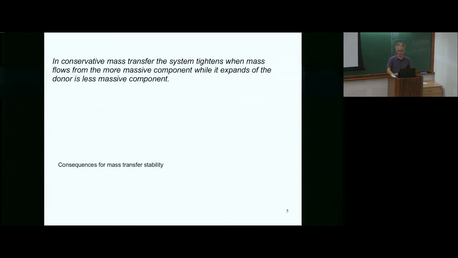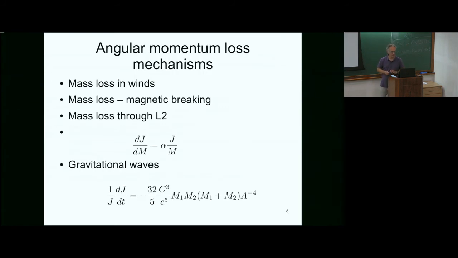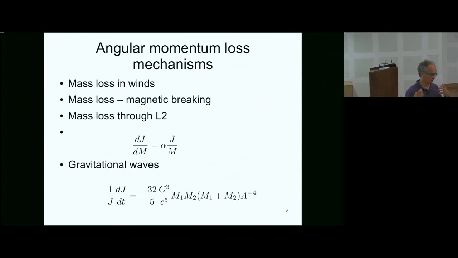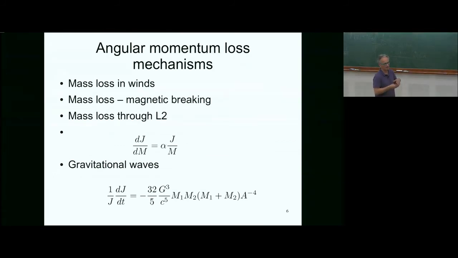In order to generalize the mass transfer mechanisms, we have to include some either mass loss mechanisms or angular momentum loss mechanisms from the system. And a mass loss from the system is relatively easy.